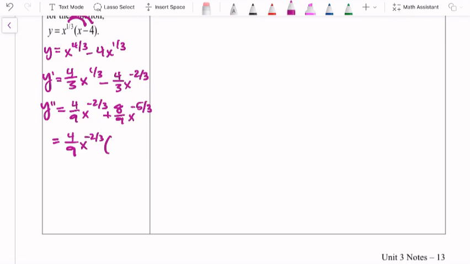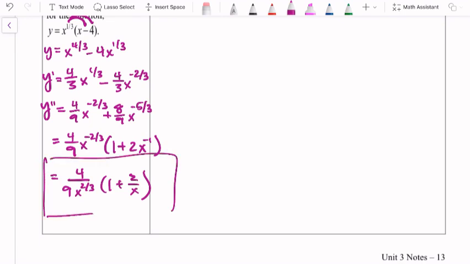So that's going to leave us with 1 plus 2x to the negative 3/3, so negative 1. Okay, and then I'm going to clean it up a little, just to get rid of our negative exponents. Okay, so here is our second derivative.